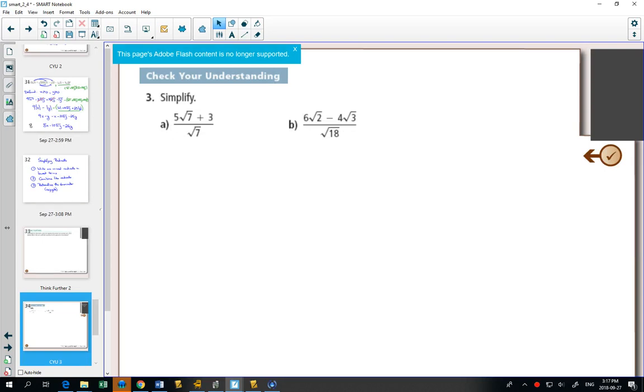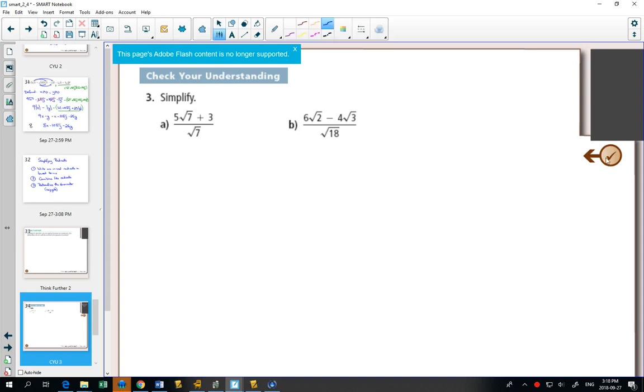So here, simplify. We have to look at all of our square roots and ask, do we have any like terms? Do we have any square roots that we could write as a mixed radical in lower terms? And do we have a square root in our denominator? Because that's not allowed. In this case, yes, we have a square root in our denominator.